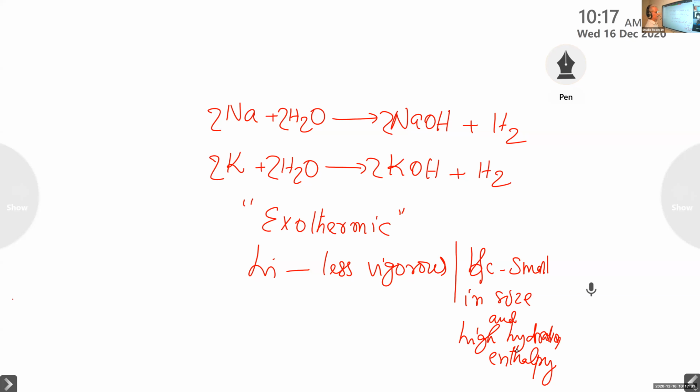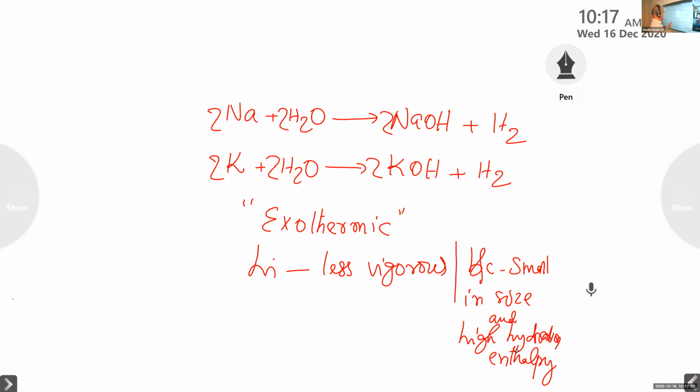So lithium is found to be less vigorous in its action with water, while sodium, potassium, rubidium, cesium, etc. react violently with water. Regarding reactivity, lithium is the least reactive.